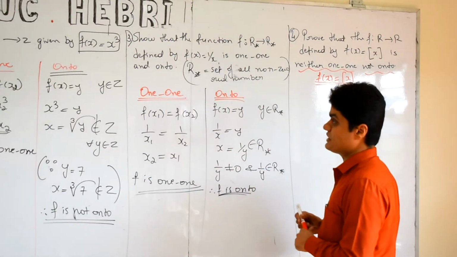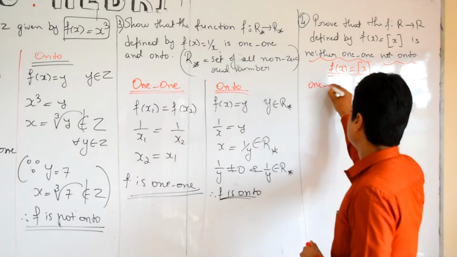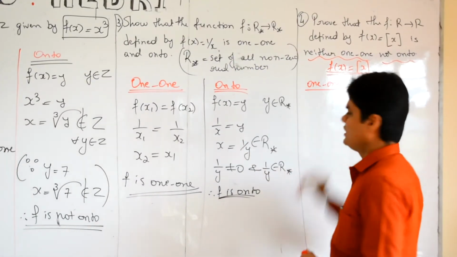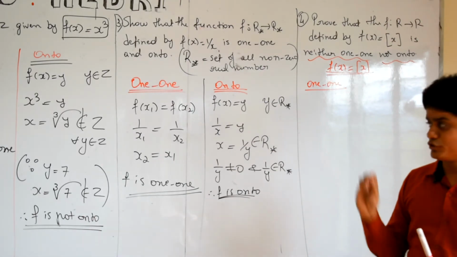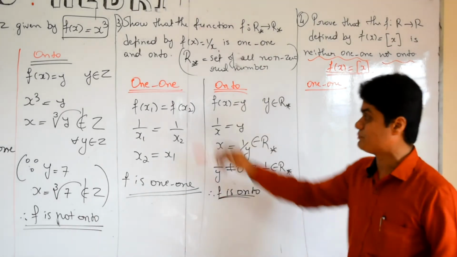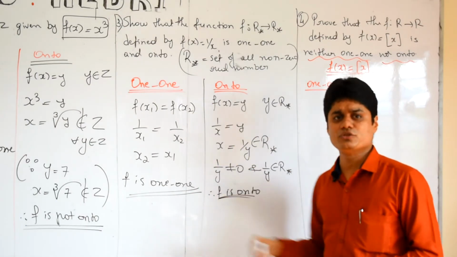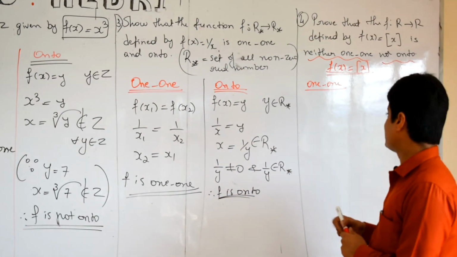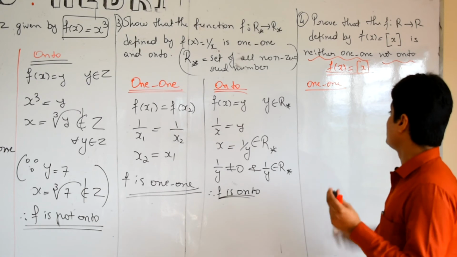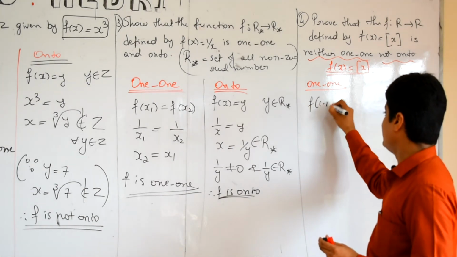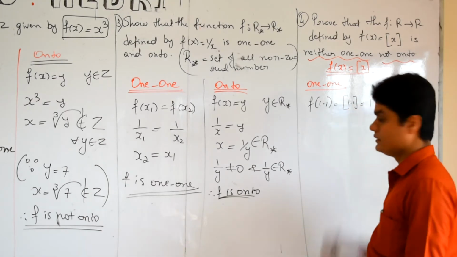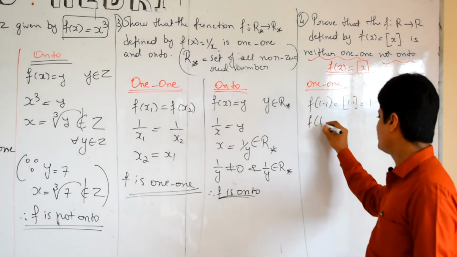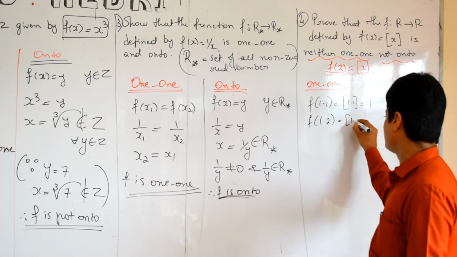Okay, so let me start from 1-1. You can't use the definition here to prove it is 1-1, it is a little difficult. So give one example. For example, f of 1.1, greatest integer of 1.1 is what? 1. f of 1.2, greatest integer of 1.2 is what?